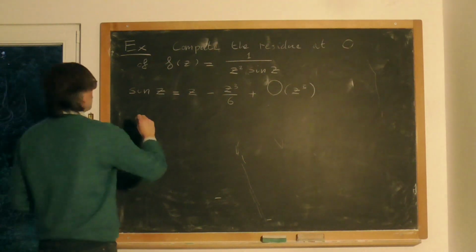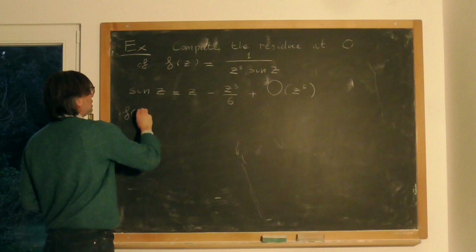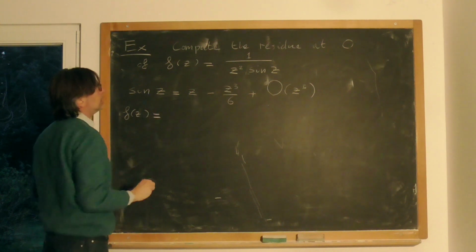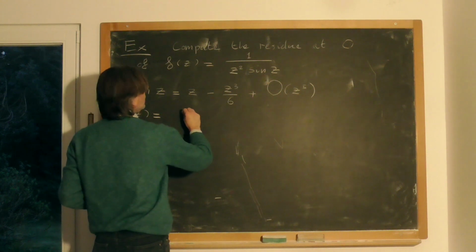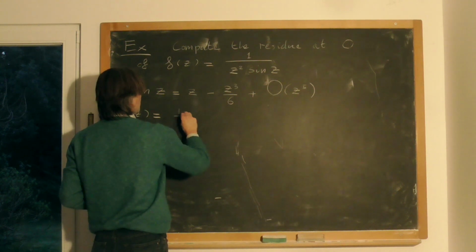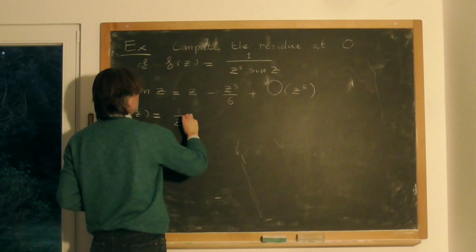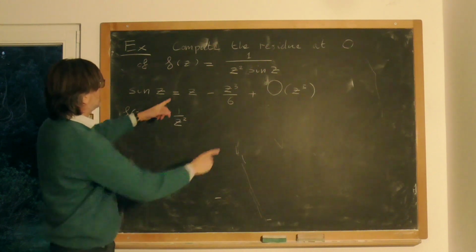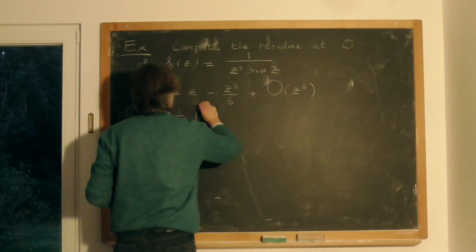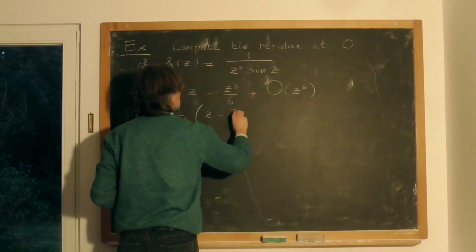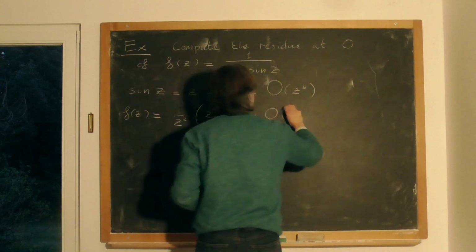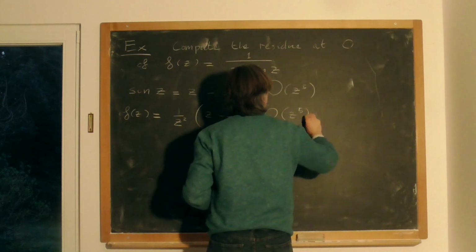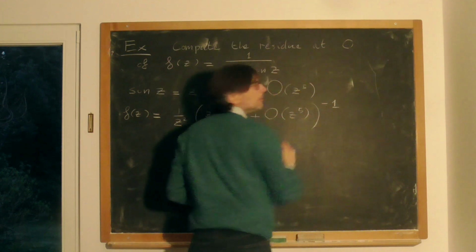And if we use this formula, we get that f of z is 1 over z squared times sine to the power minus 1. So let me write: z minus z cubed over 6 plus big O of z to the power 5, everything to the power minus 1.